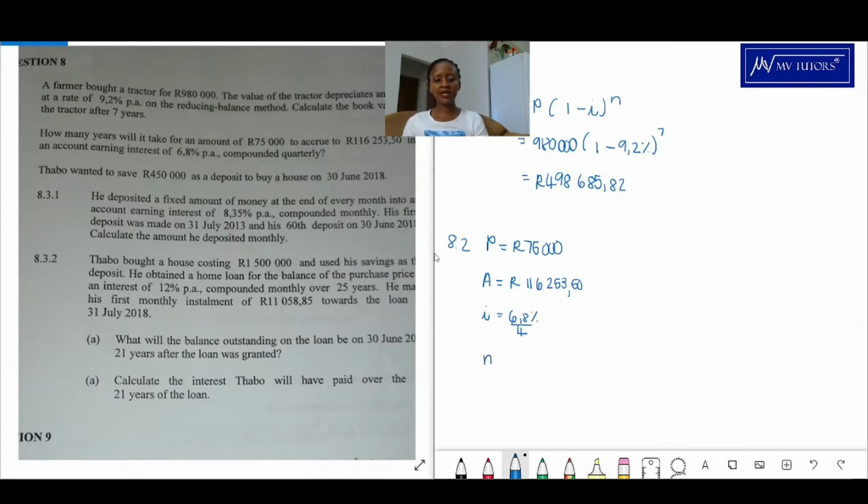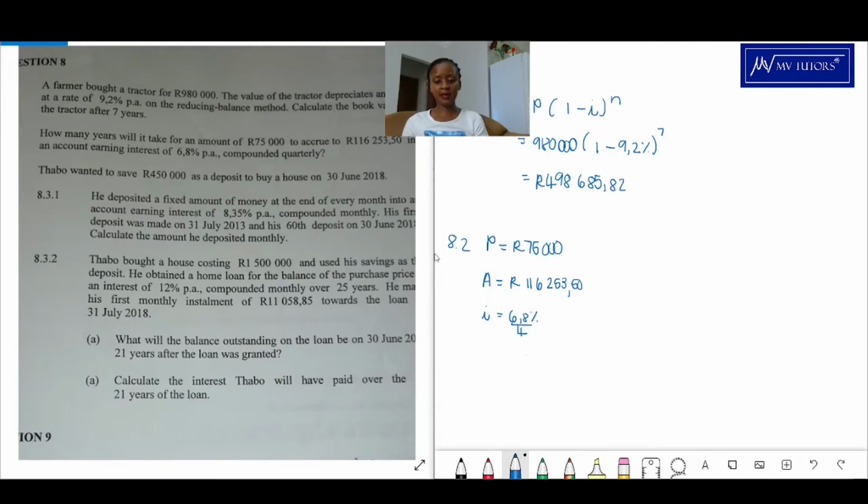So how many years? Because we have quarterly there, we're going to have to multiply. I'm going to use y. So we have 4y, right? So if you want to get the amount of quarters in a year, we're going to have to multiply by 4. Or rather, let me put it this way. It's weird if I put y. We're so used to y being something else.